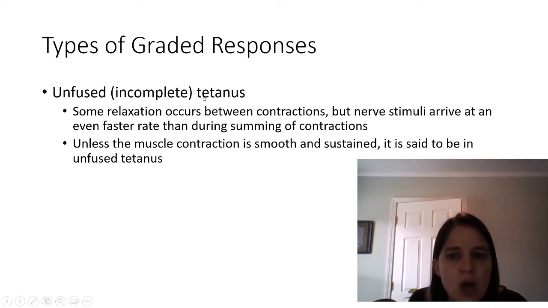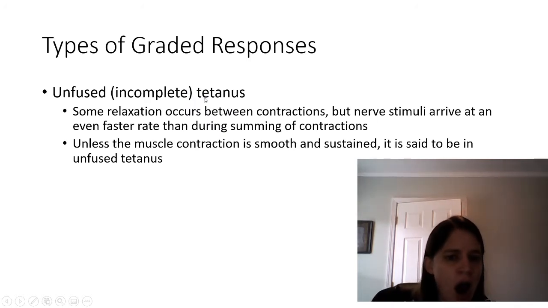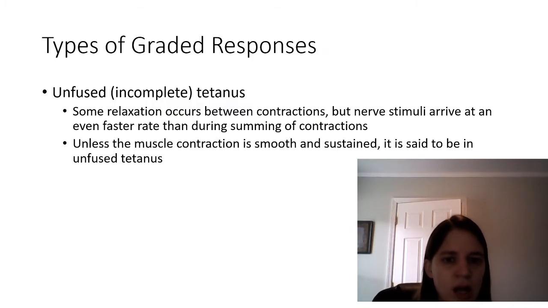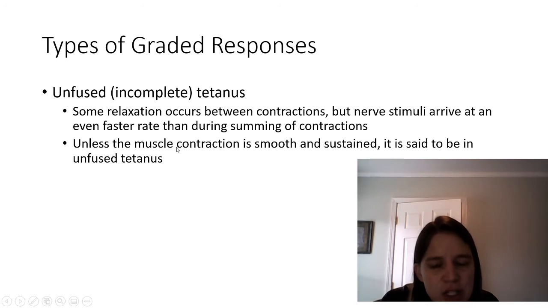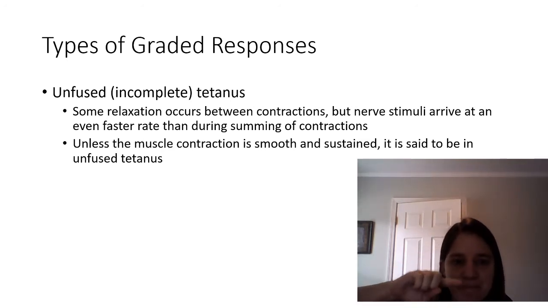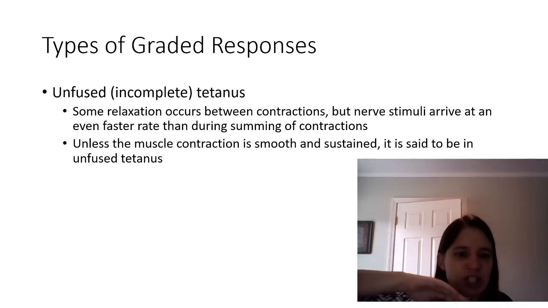Right? So you could have something called tetanus, which is this, where even though a little bit of relaxation happens, the nerve stimuli happens fast enough that those contractions sum.